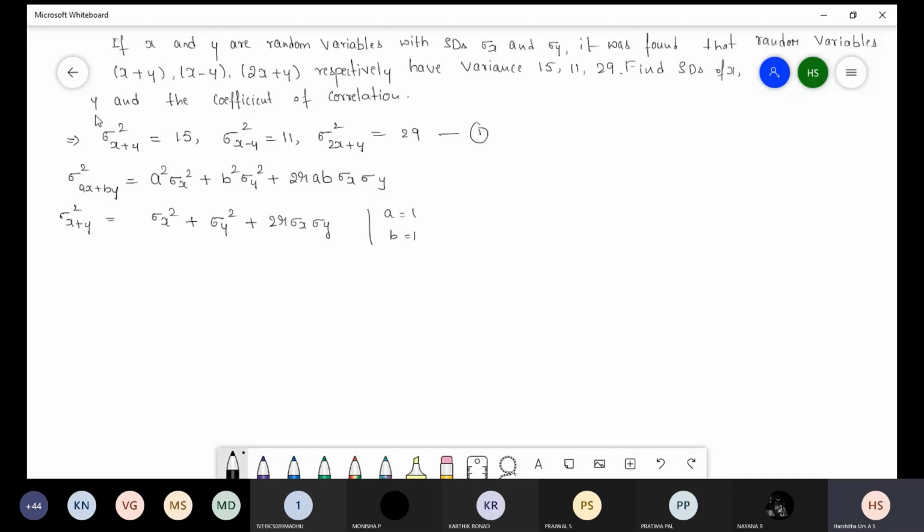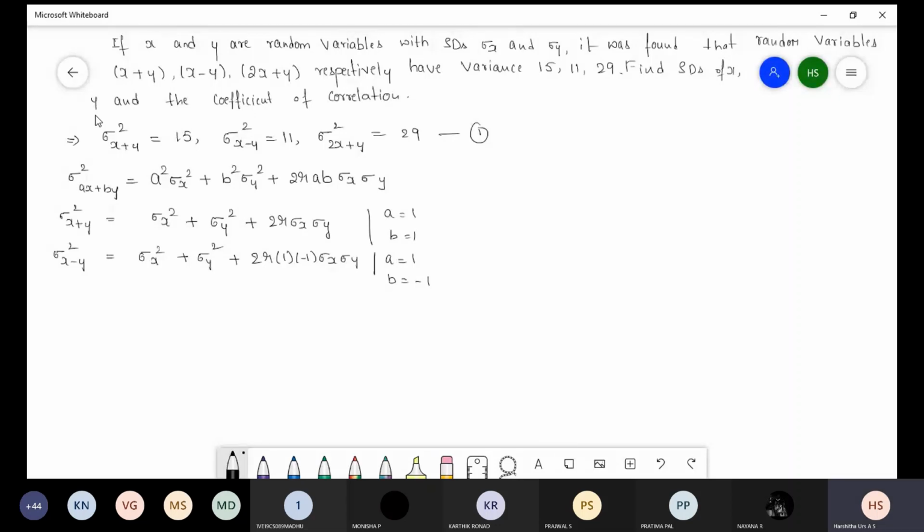For the second one, sigma x minus y square. Here a is equal to 1, b is equal to minus 1. So here a square means 1 into sigma x square, minus 1 whole square means plus 1 sigma y square, plus 2 into r into 1 into minus 1 into sigma x into sigma y, because a value is 1 and b value is minus 1.